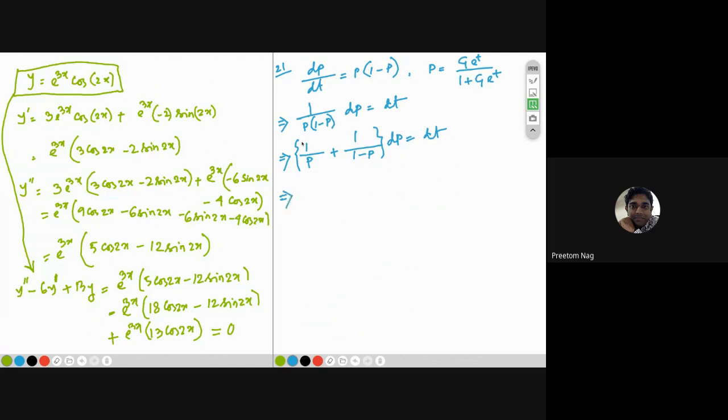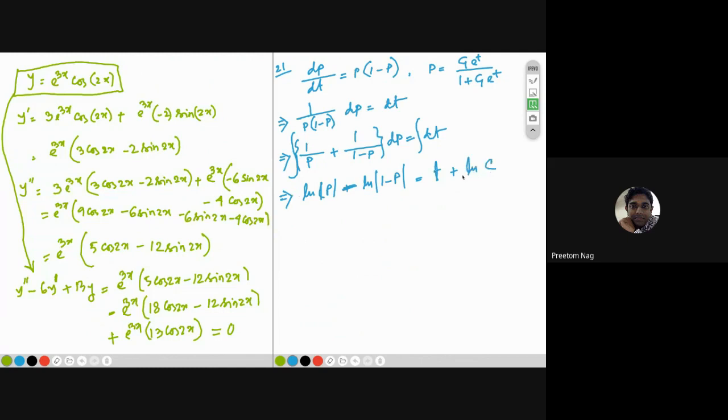After that, if we complete the integration, you'll get ln p minus ln of 1 minus p equals t plus, let's say, ln c.